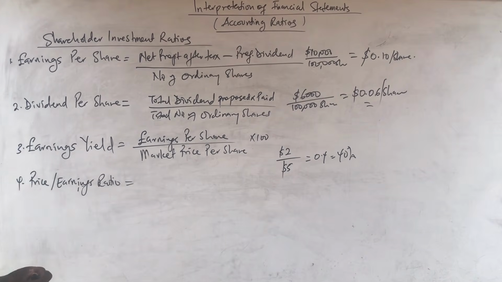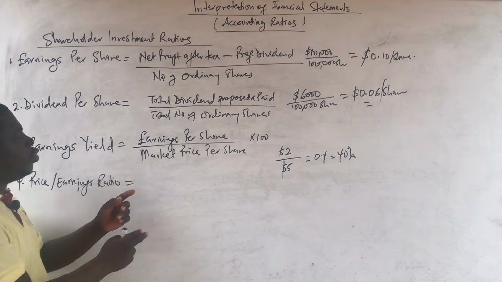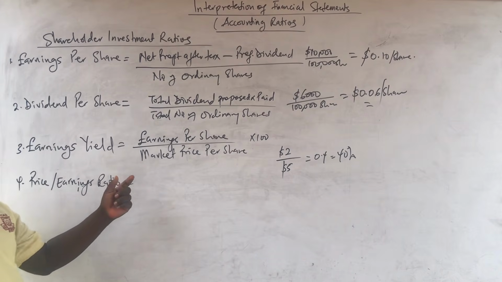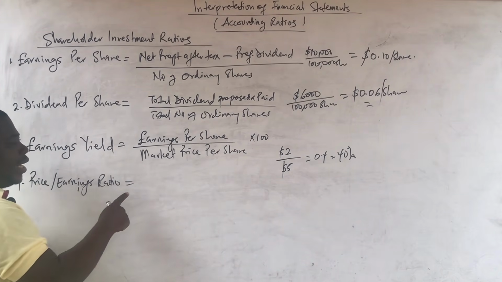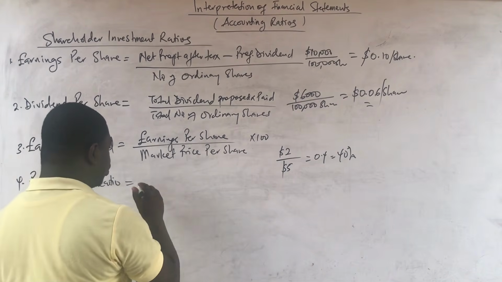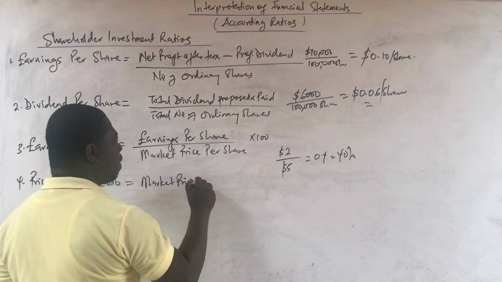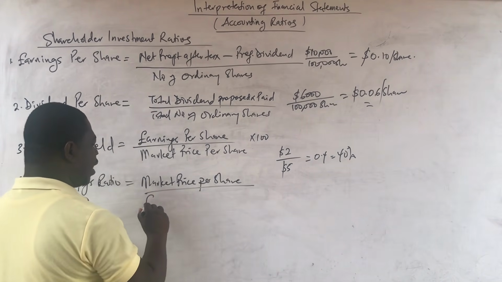Now, this one, the name even will suggest price/earnings ratio is price over earnings. So you see what we are going to do is that it's just a turnaround of the earnings yield. The earnings yield is earnings over price. The price earning is price over earnings. So it's going to be market price per share, this time over the earnings per share.